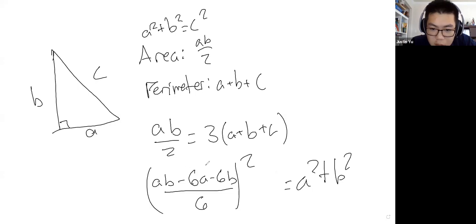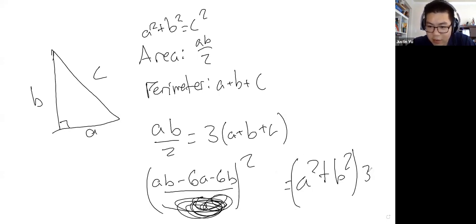We can square this. Let's try and bash this, see what happens. Oh, and just because I don't like having fractions, I'm just going to move this over to that side. Multiply by 36? Yes, exactly. So what happens when we square this?